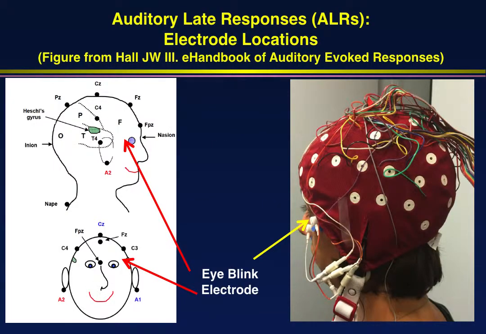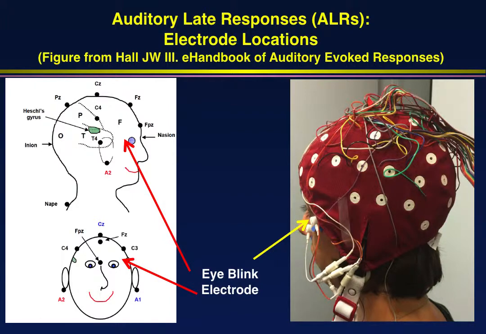Now, what a lot of people are using these days to record the late response is an electrode cap, as you see here. Once the person's prepared with a shampoo that is basically a conducting gel, you put the cap on and all the electrodes are in the right place. You don't have to be putting on multiple electrodes. But you don't have to have this many electrodes.